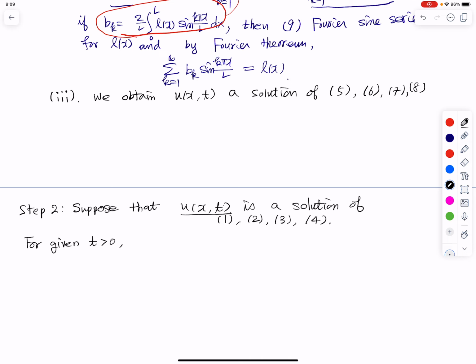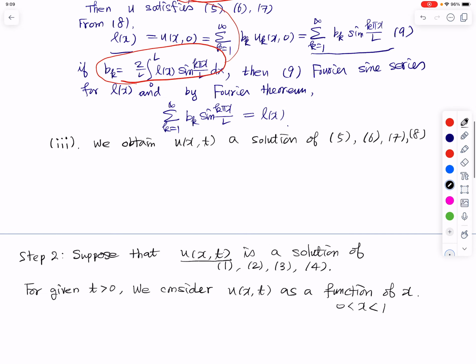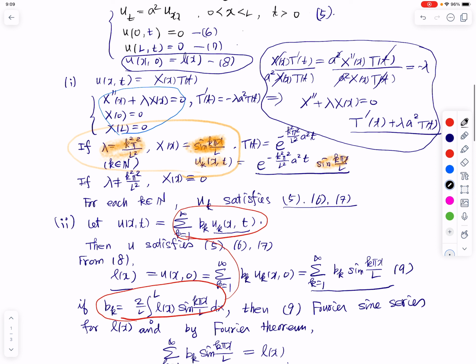So we consider u(x,t) as a function of x, with x between 0 and L. Then what I told you before, lambda equals k squared pi squared divided by L squared, you have this, right?